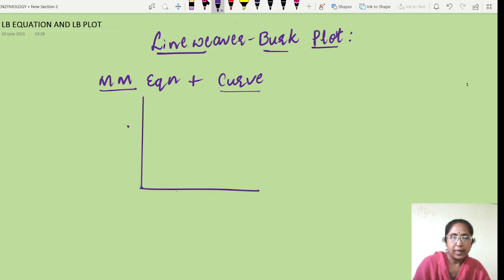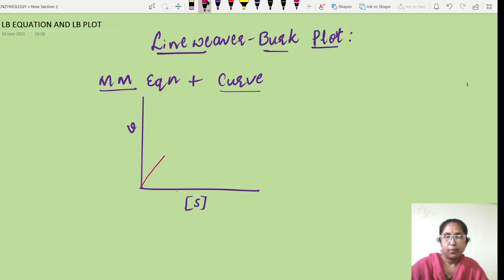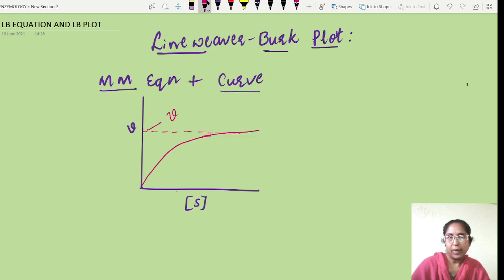If we plot a graph of V over S, we are going to have a curve like this, and this is the maximum velocity or Vmax.